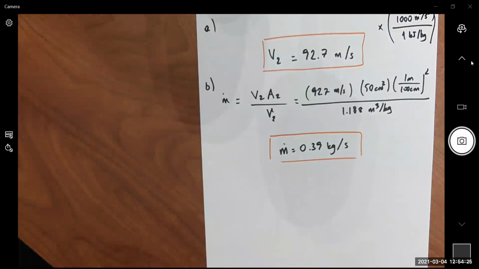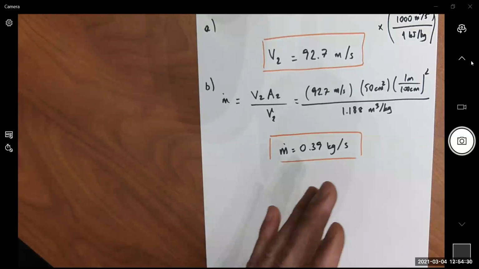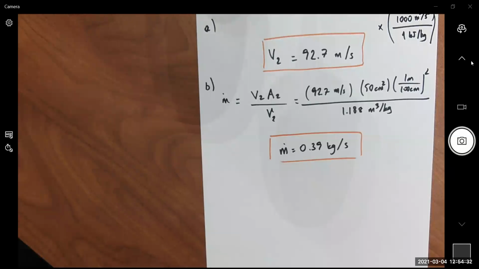Okay. For now, we covered nozzles and diffusers, and we will go to another open system device that we can apply the first law of thermodynamics to, which is turbines. Okay?